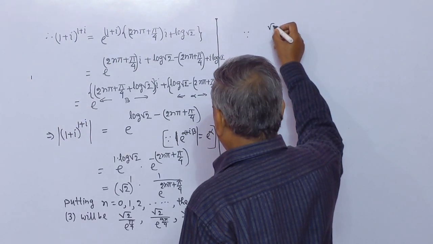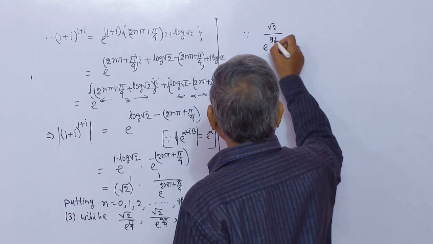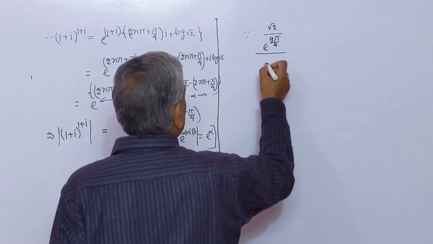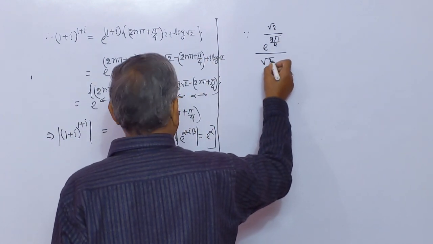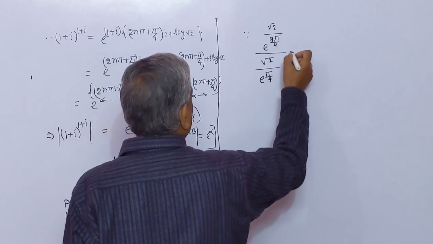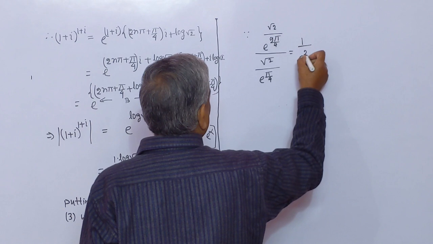Since the second term is √2/e^(9π/4) and the first term is √2/e^(π/4), the ratio second term by first term is 1/e^(2π).